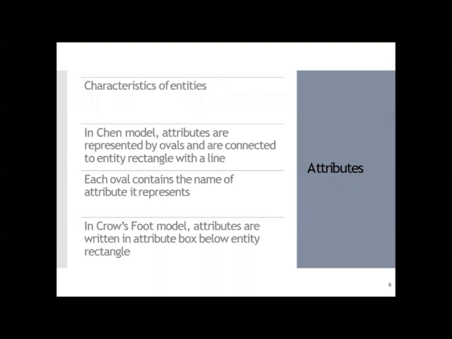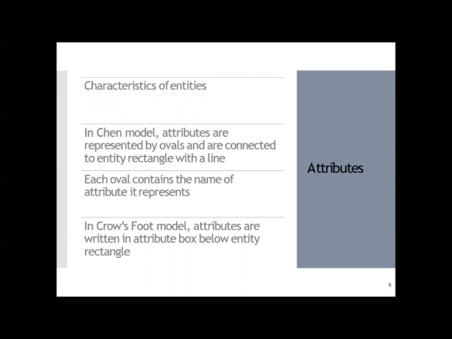Attribute. Characteristic of entities. In chain models, attributes are represented by ovals and are connected to entity rectangle with a line. Each oval contains the name of attribute it represents. In cross-foot model, attributes are written in attribute box below entity rectangle.